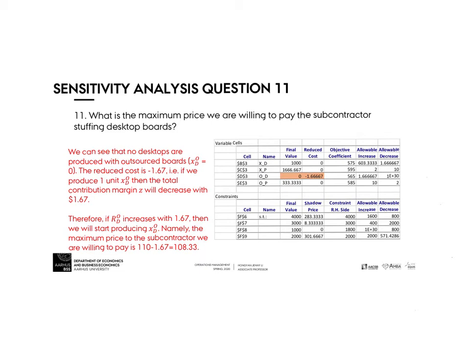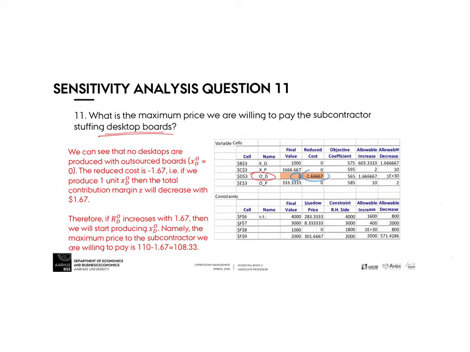Question 11 asks, what is the maximum price we are willing to pay the subcontractor for staffing desktop boards? You have to make sure we're talking about staffing desktop boards. That means we're talking about the decision variable XOD. The final value for this decision variable is 0. That means the price is too high. You won't actually buy any products from the subcontractor.